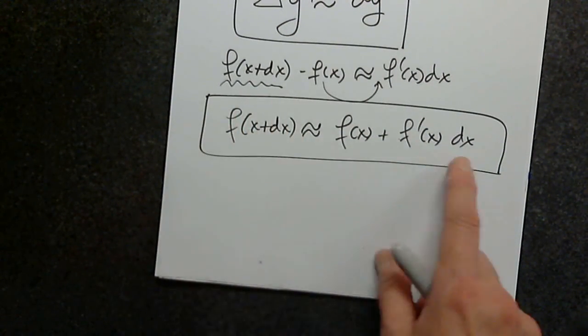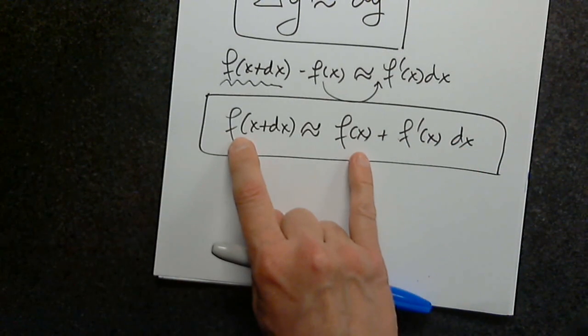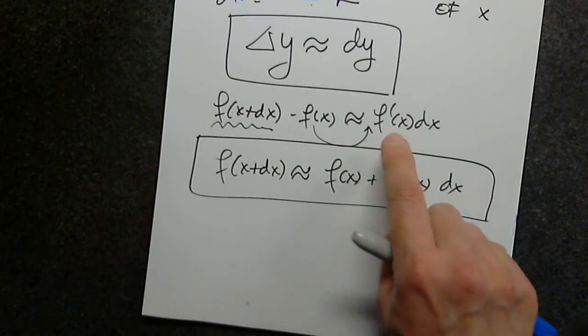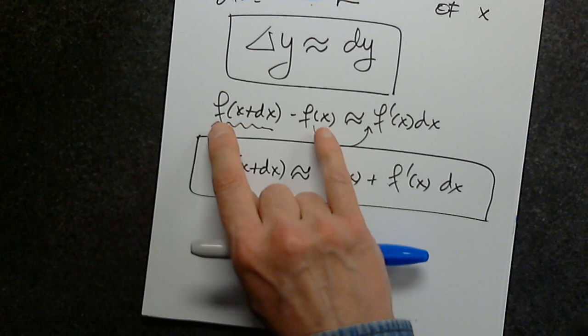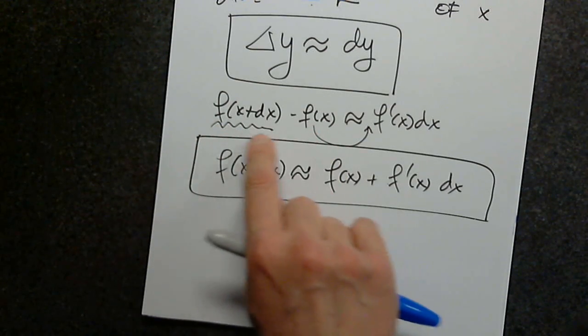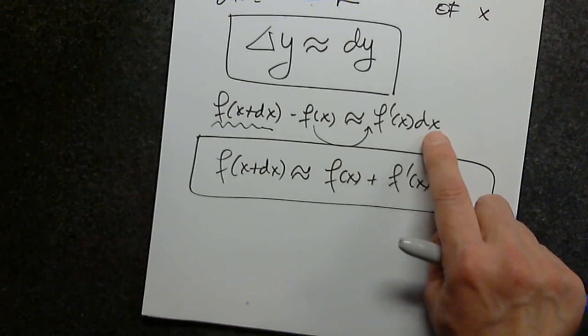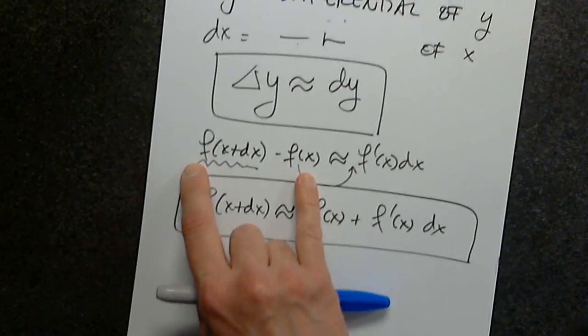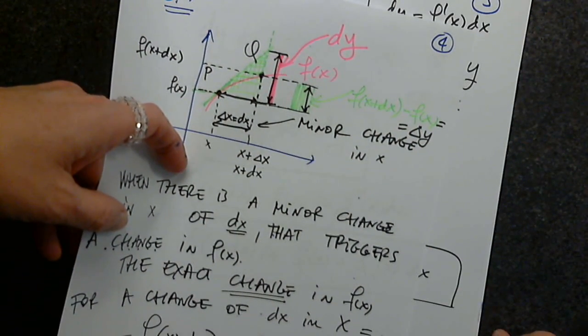C prime of 200 times 1, because that's dx, will give us that prediction. Instead of having to determine the exact delta y, I will just plug in f prime 200 multiplied by 1, and that's my prediction. I don't have to go through all this. And we will show how close they are.